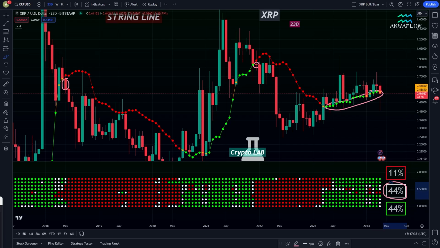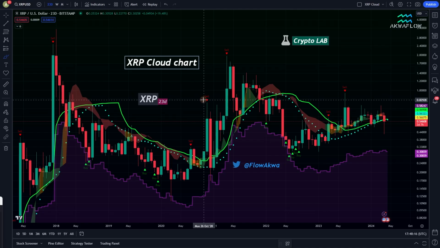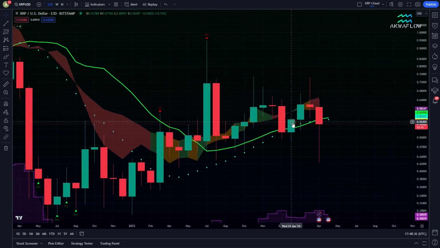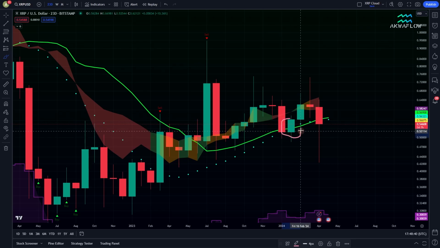Now we can move to the last chart of the day, the Cloud Chart. This is one of the charts that told us accurately that a bearish moment could come. Indeed, starting from this candle here, the green candle that is just right here, we knew that we had an official candle body closing below the cloud.